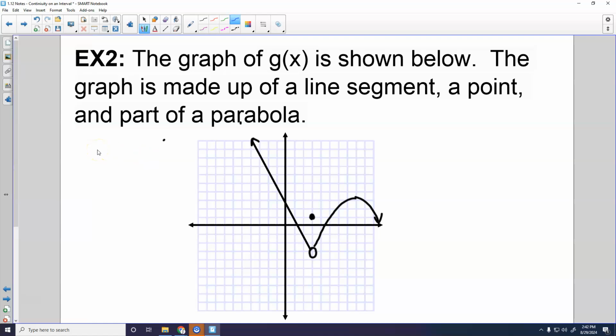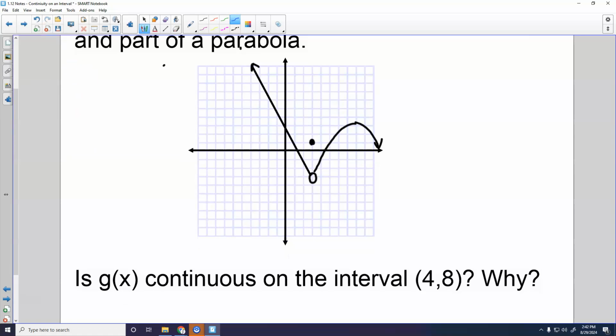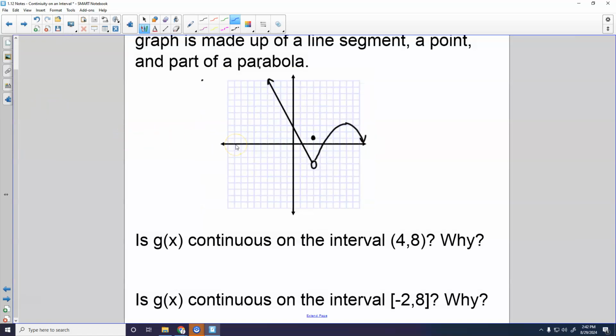So for example 2, the graph is made up of a line segment, a point, and a part of a parabola. Is g of x continuous on the interval from 4 to 8? Why?